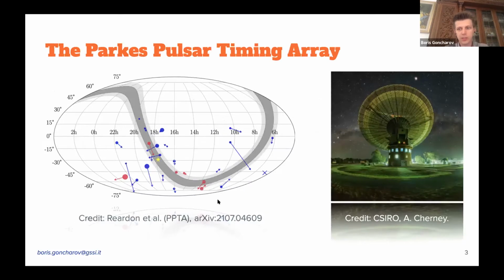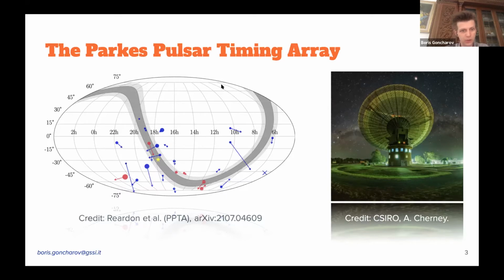The Parkes Pulsar Timing Array is an experiment which monitors an ensemble of 26 millisecond pulsars, and their sky positions are represented on the left of this slide. The arrival times are recorded with the Parkes Observatory, which has also been named Murriyang, located in New South Wales, Australia.